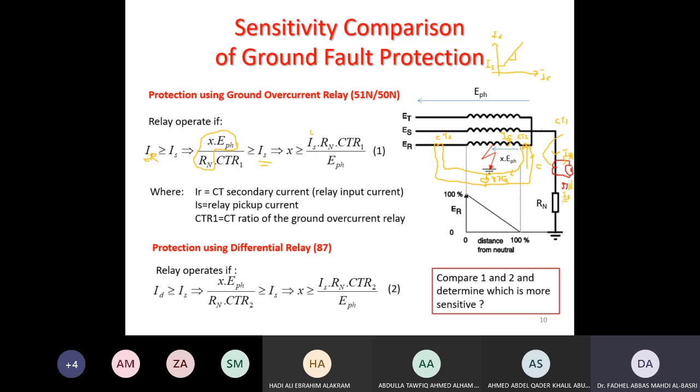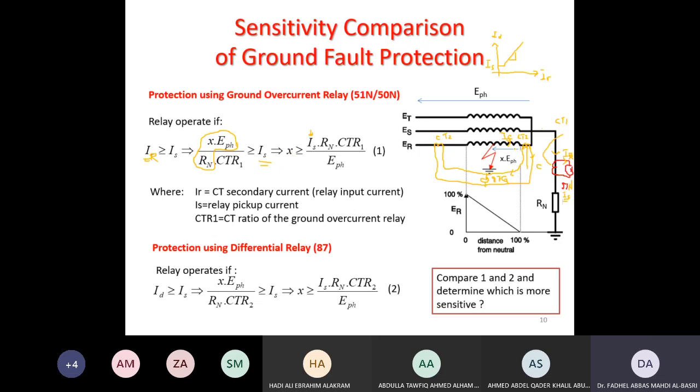Now this setting I know, the setting, let's say, of the overcurrent relay, then I'll see what is the minimum value of X that will be detected by this overcurrent relay. So the smaller X is the better.